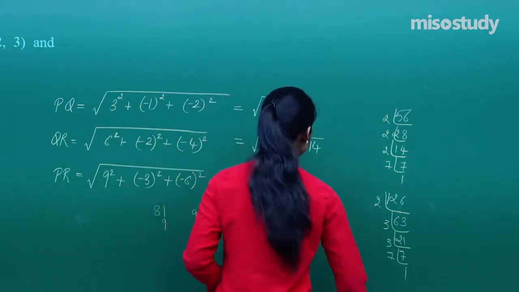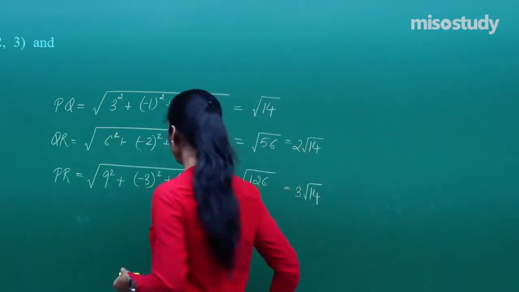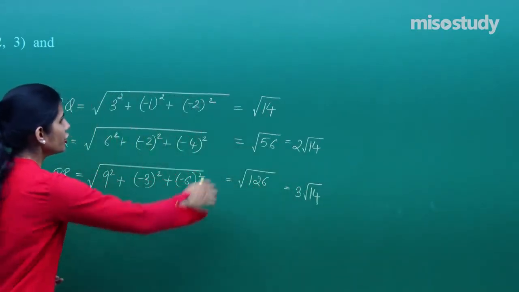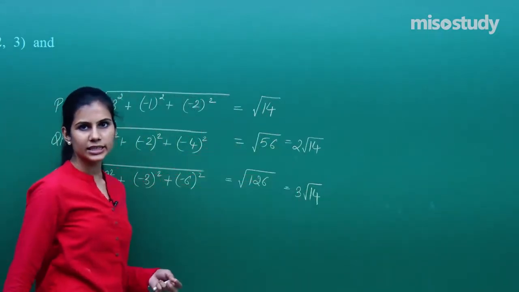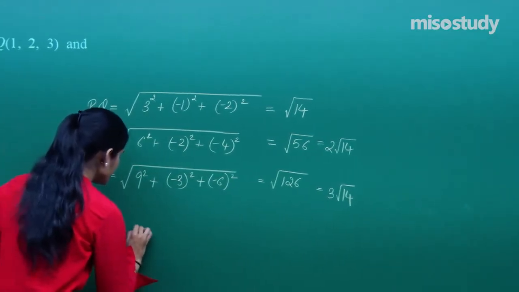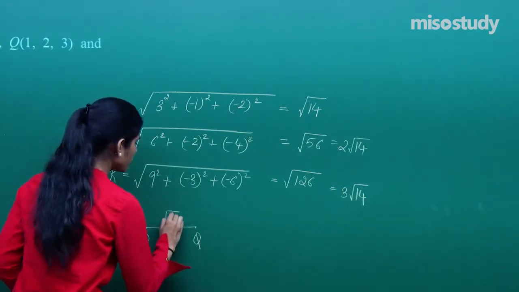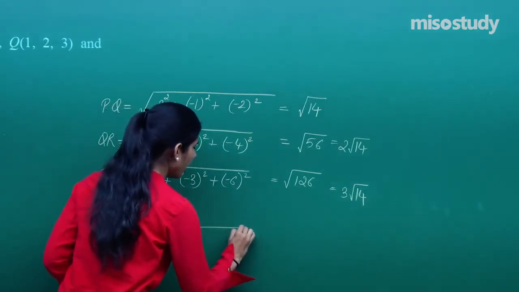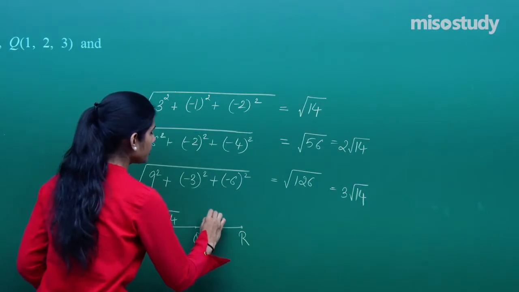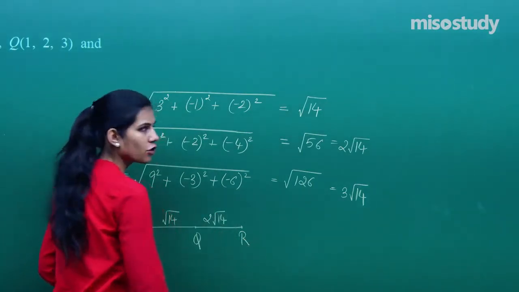Now try to observe. I have the length of PQ, QR, PR. If you carefully observe, root 14 plus 2 root 14 is equal to 3 root 14. So if this is P and this is Q, PQ is of length root 14, QR is of length 2 root 14, and when I add these two I am getting the length of PR.